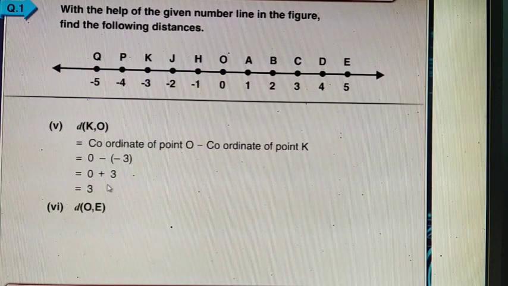Sixth, distance between O and E. Now here 5 is greater than 0.